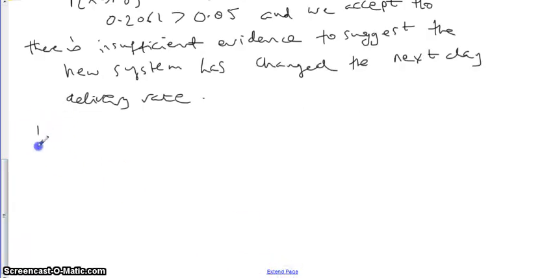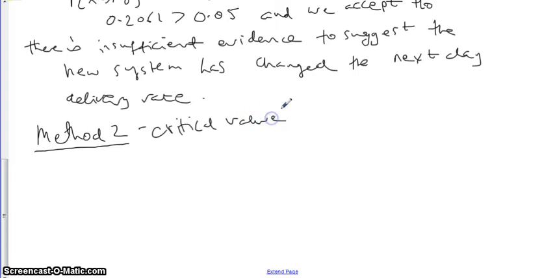We can also use the critical value approach, and like I said, the critical region approach is something you should know how to use, as it sometimes comes up in exams. So let's write down critical value approach. Given that we've got 5% either way, we want the probability x is less than or equal to a to be less than 0.05, and so we want the highest value of a.